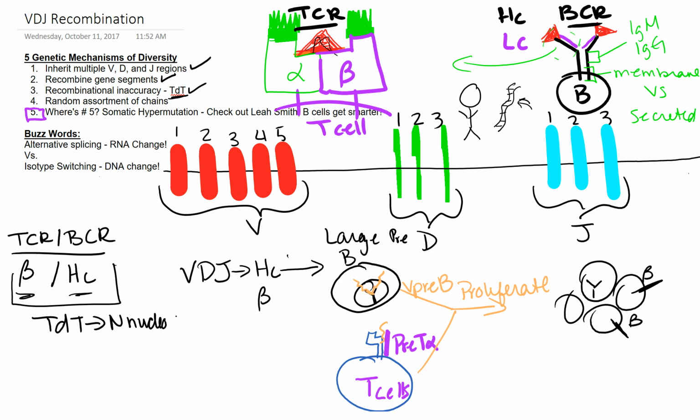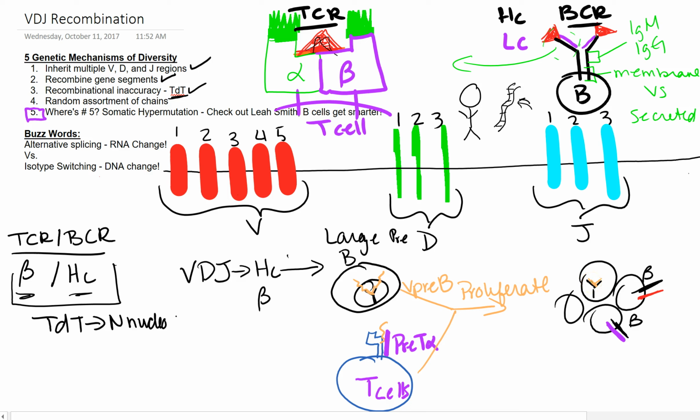But you're like, wait a minute, if I'm using that same chain, isn't that going to affect my diversity? No, because we haven't made our light chain or our alpha chain yet. So what happens is after we make our light chain or alpha chain, all of these cells are going to make a different light chain or alpha chain. And that's going to change their diversity as well.